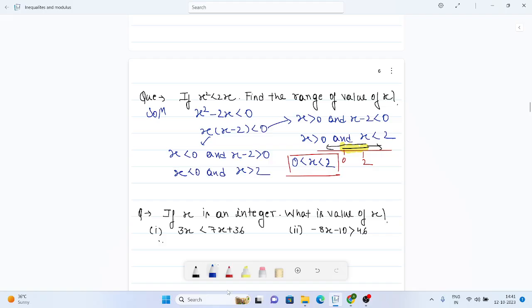I see that I get no solution, because if you draw it on the number line also, this is 0, this is 2, so one solution is this, the second one is this, so no solution because there is no common region. So the final answer is x is between 0 and 2. Okay, note this down, then we move forward.